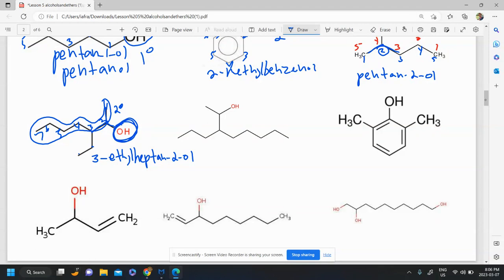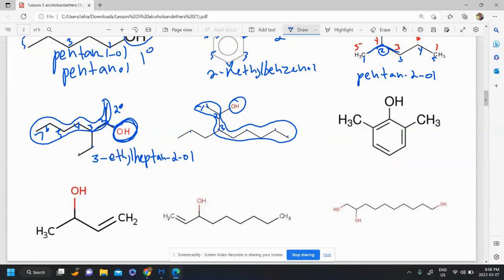Okay, so longest chain that contains this OH, it looks like it's going to be this way. That's 1, 2, 3, 4, 5, 6, 7, 8, as opposed to 1, 2, 3, 4, 5, 6. So we can start counting from here to get the lowest number possible.